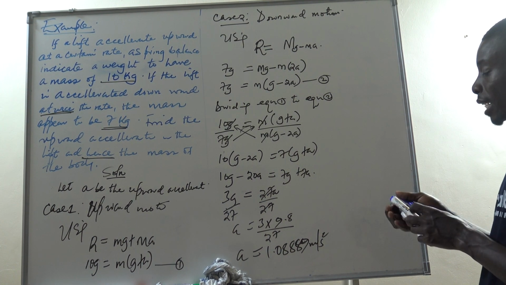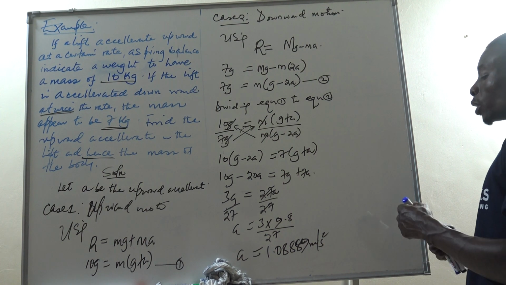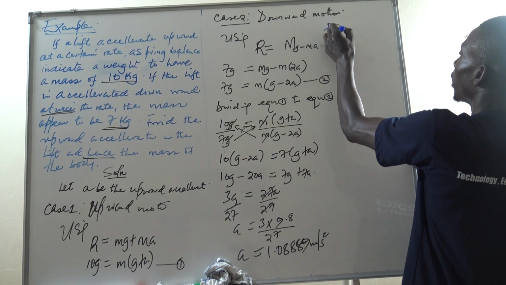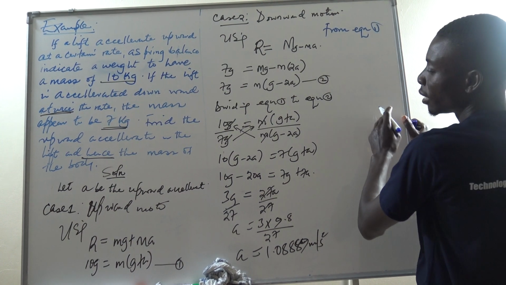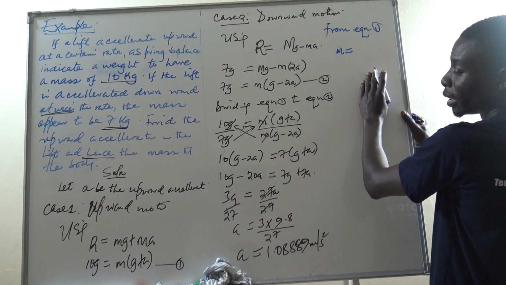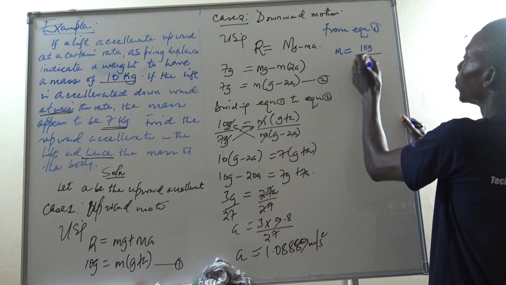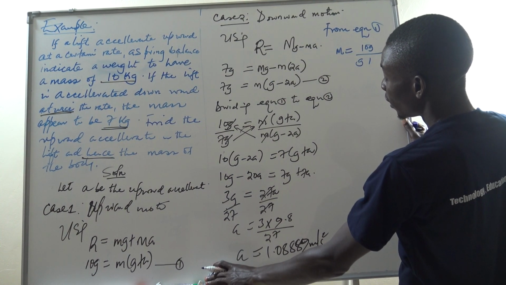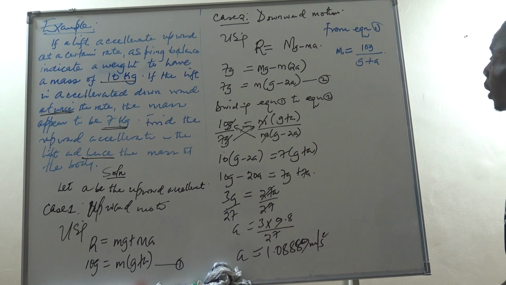And now we are saying that hence also get for us the mass. Using this value, can you get the mass? So you can say from equation 1, mass equals 10g out of g plus a. There are very many ways of dealing with it.